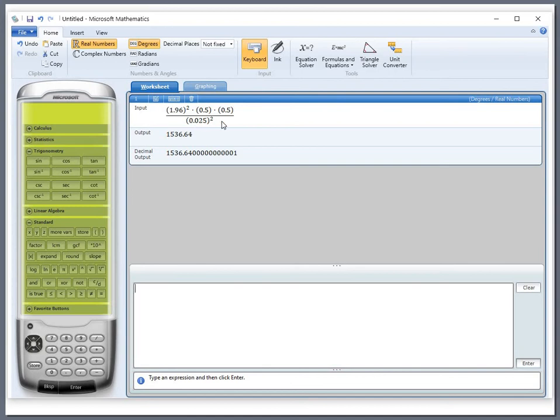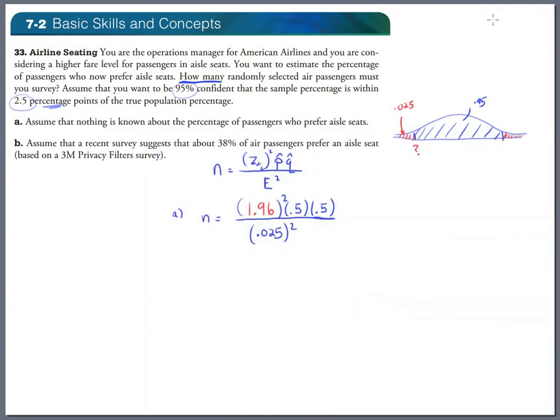I'll check and make sure that it looks like I typed everything in properly, and I did. So my output is 1,537. Keep in mind we're always going to round up here, even if this was a 0.1. And this is a 0.6, even more so. So 1,537. So for part A, we'll get 1,537.